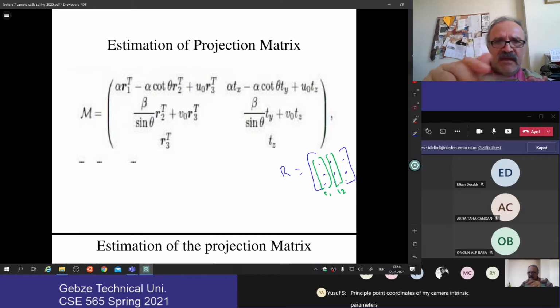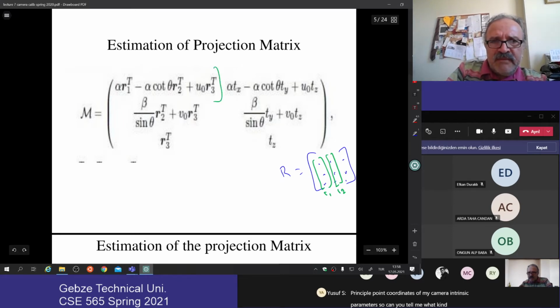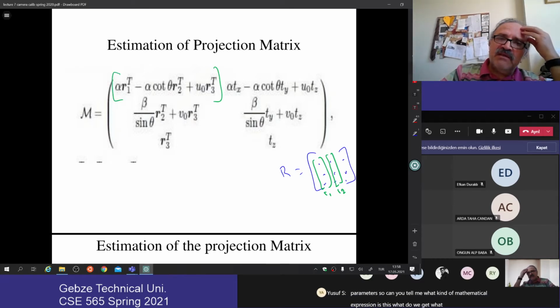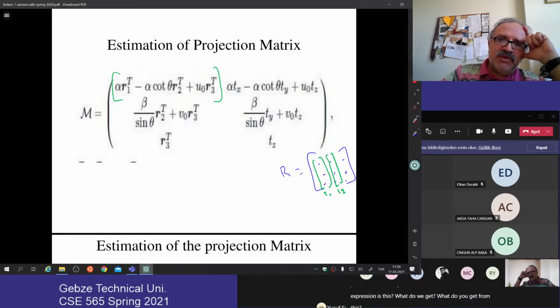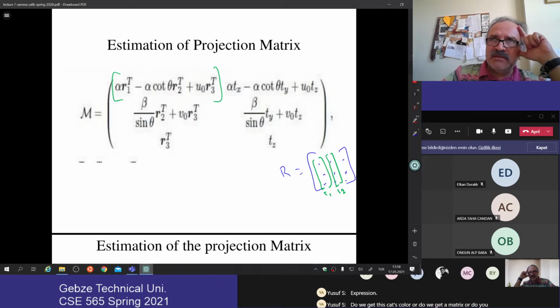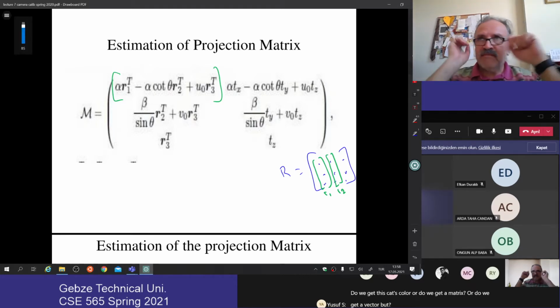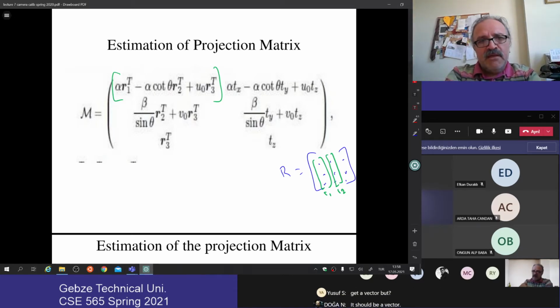So can you tell me what kind of mathematical expression is this? What do you get from this expression? Do you get a scalar, or a matrix, or a vector? It should be a vector. Why? Because alpha is a scalar.